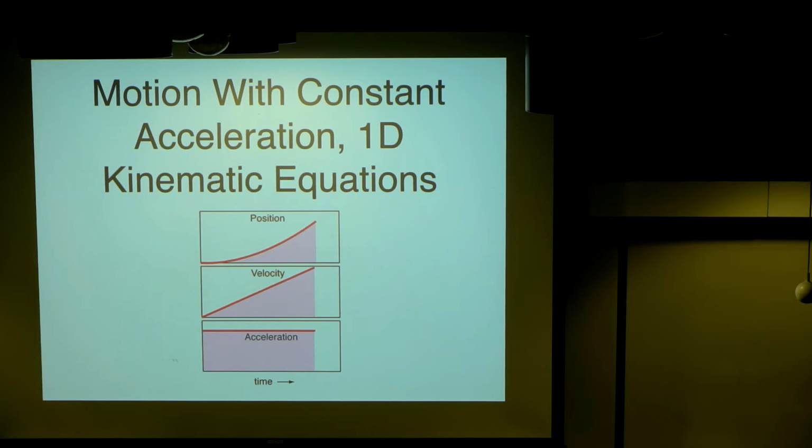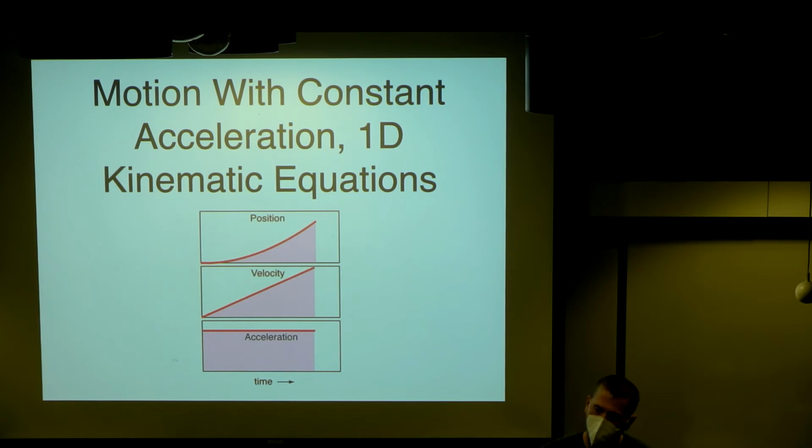Okay, so that's the idea we're going to start tackling now: if we have motion with constant acceleration, what kinds of equations can we come up with to describe that motion? And what sorts of problems can we solve once we have these equations? So I'm going to show you something called the kinematic equations.